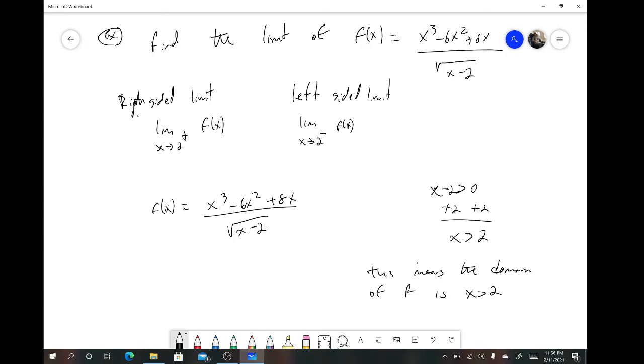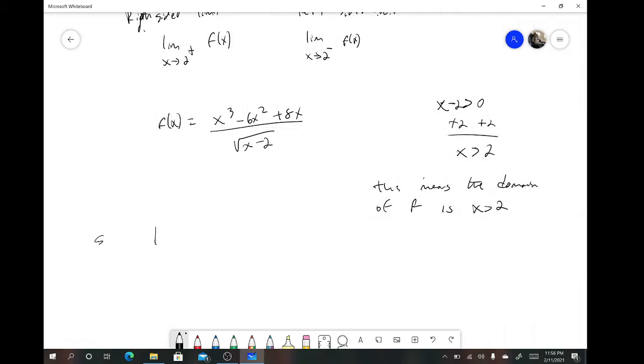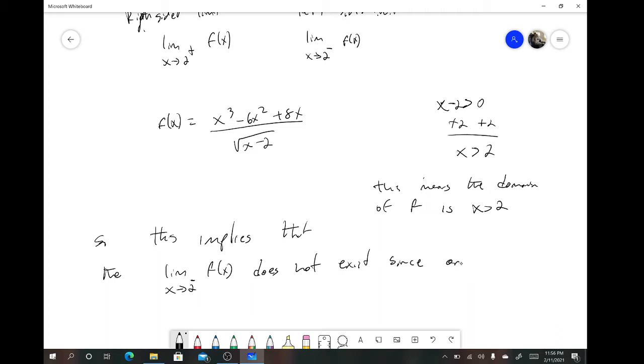That means that the limit as x goes to 2 from the left side of f of x does not exist, since our domain is all x's that are bigger than 2. So we cannot have any values on the left side.